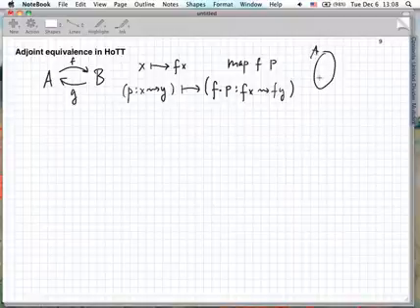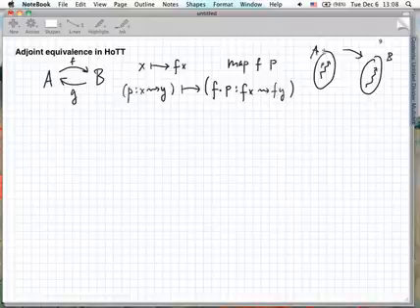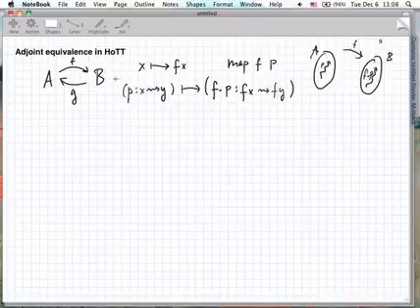Here's A, here's my path, here's B, I have an F. Well, clearly then I should have some path. F should take this path to that path, so that's f dot P. Okay? So this really is like a functor. The F and the G are like functors. Then we have the unit and the co-unit.